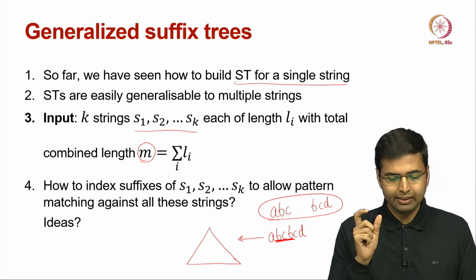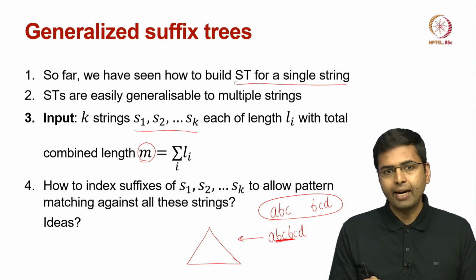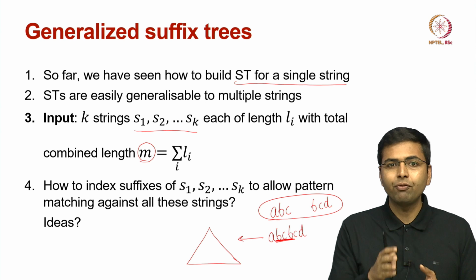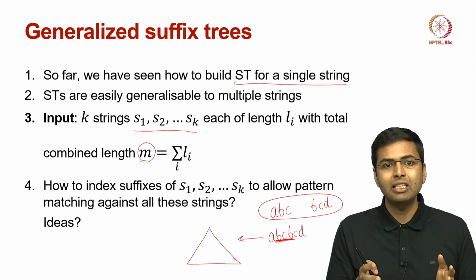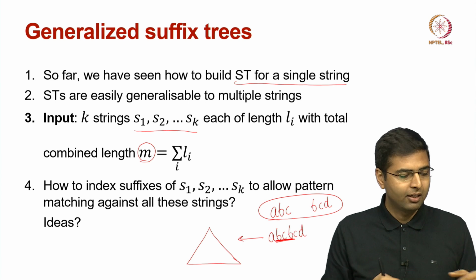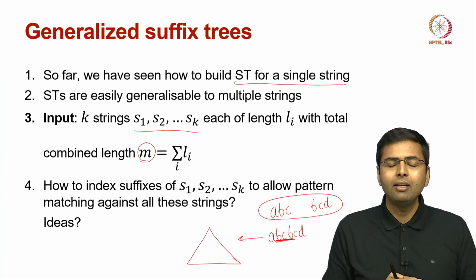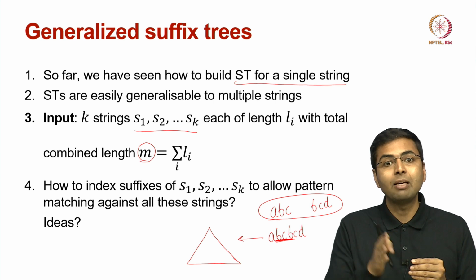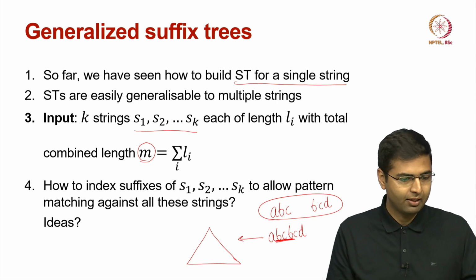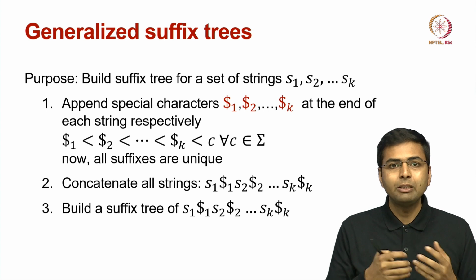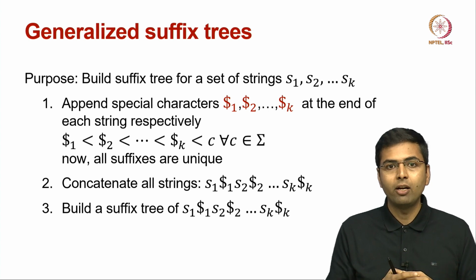So, we have to make a slight modification here, and as you can maybe guess, we have to add some sort of separation between these strings when we are combining them. The idea is simple: we will concatenate these strings, but we will add some separator symbols in between them. We will call them special characters $1, $2, $k.